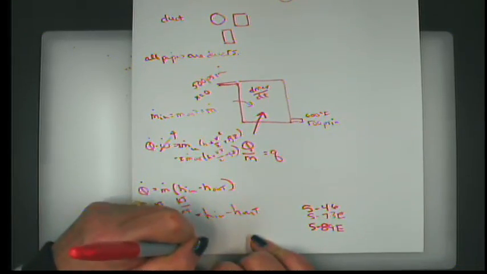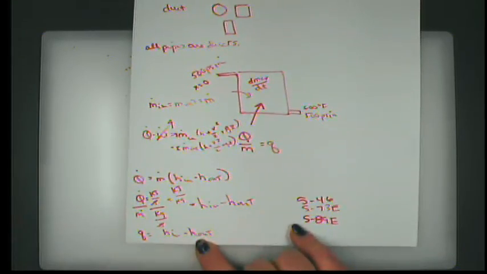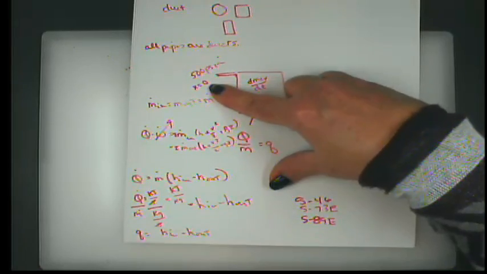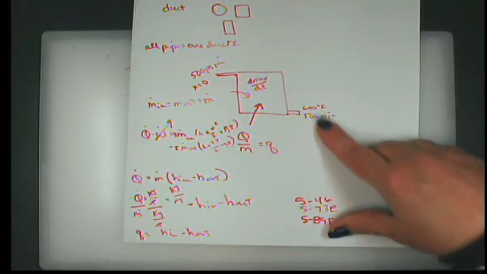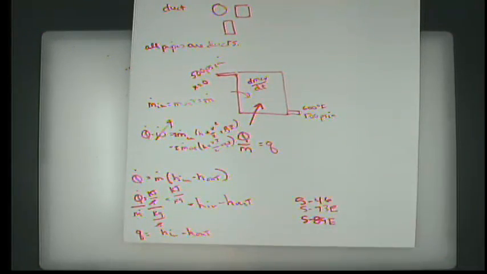And in this simple case of pipe flow, q is equal to h in minus h out, which you can pick up out of the tables. That's how much heat you have to add to the boiler in order to make water at 500 psi and 0 quality become superheated steam at 600 degrees Fahrenheit and 500 psia. Okay?